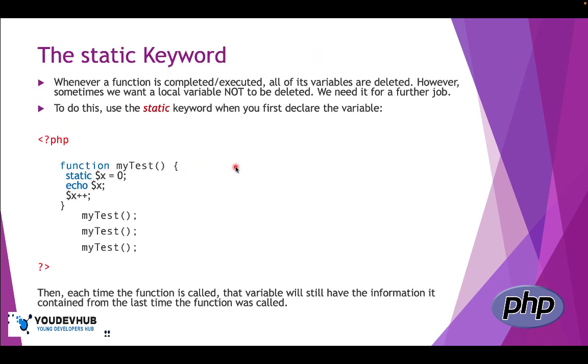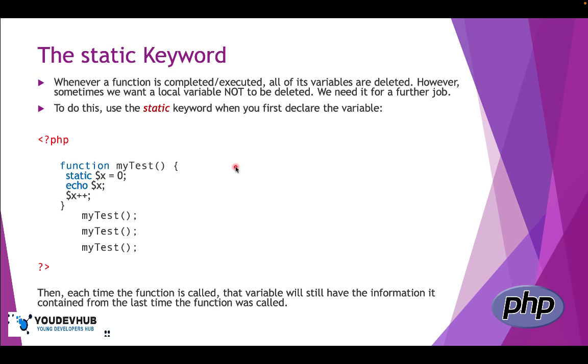We also have the static keyword. Whenever a function is completed or executed, all of its variables are deleted. However, sometimes we want a local variable not to be deleted, so we need to do a further job. We can use the static keyword when we declare a variable.